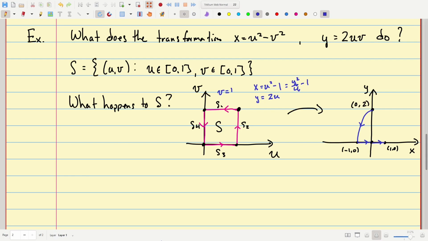It looks like this. And then on the last segment, we're going to get another parabola. And I didn't draw it very well, but this is a cusp. The parabolas meet at a point. It's not the same parabola. The equation over here is x equals 1 minus y squared over 4.